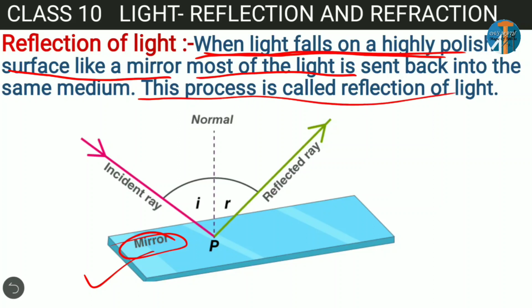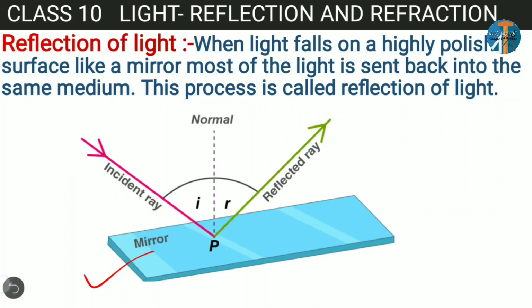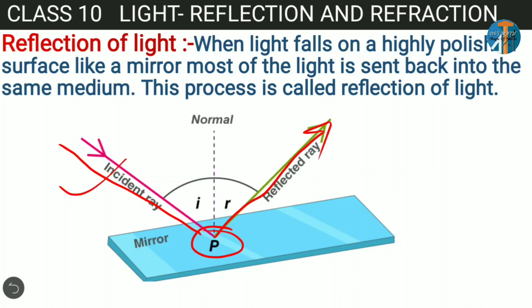Here you can see that light is falling on the mirror at point P and it is reflecting back. The light which is striking the mirror we call the incident ray. Then as soon as it strikes point P and is sent back, that ray we call the reflected ray.